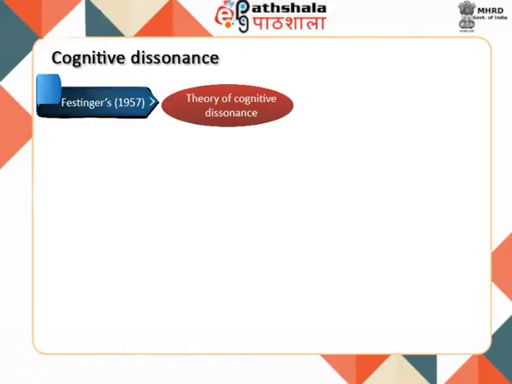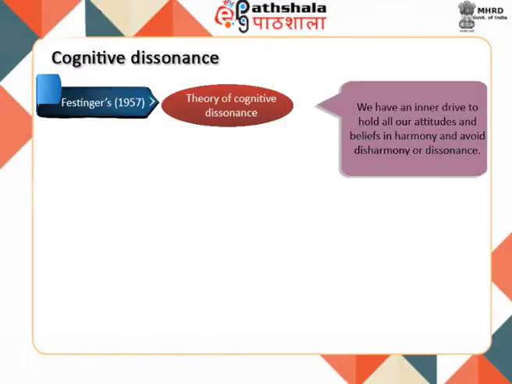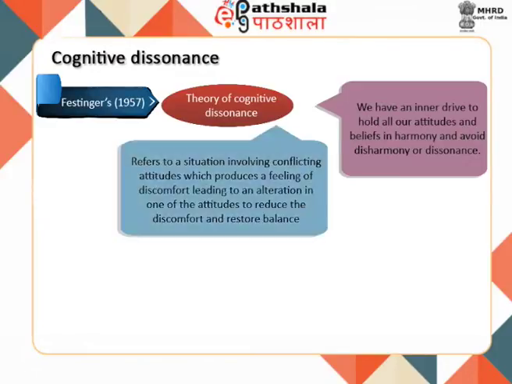This theory suggests that we have an inner drive to hold all our attitudes and beliefs in harmony and avoid disharmony or dissonance. Cognitive dissonance refers to a situation involving conflicting attitudes, beliefs, or behaviors. This produces a feeling of discomfort leading to an alteration in one of the attitudes, beliefs, or behaviors to reduce the discomfort and restore balance.